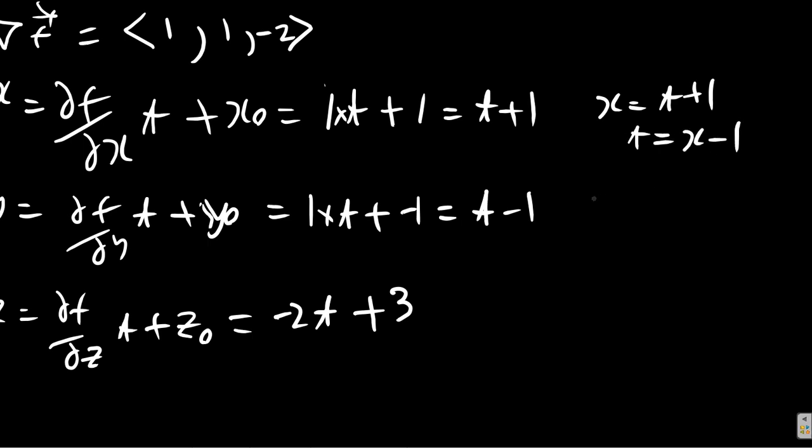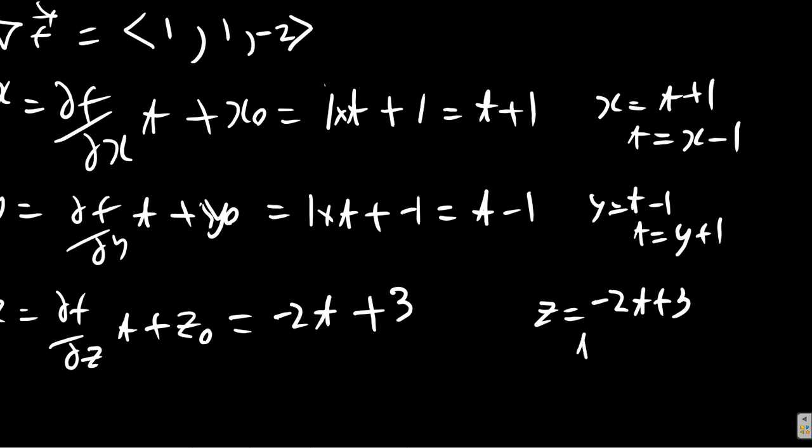You see that? y is equal to t minus 1, so t is equal to y plus 1. And here, z is equal to negative 2t plus 3, so t is equal to z minus 3 over negative 2.